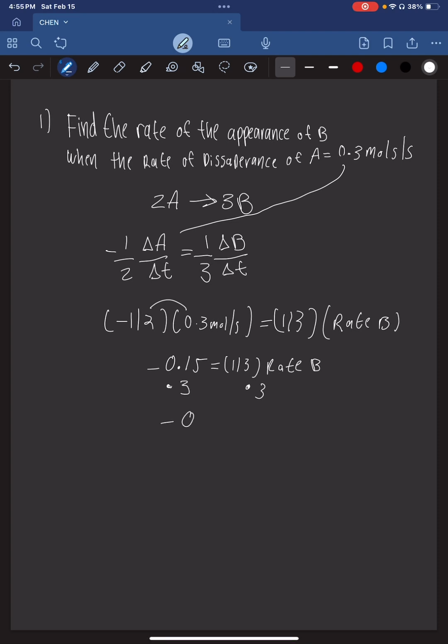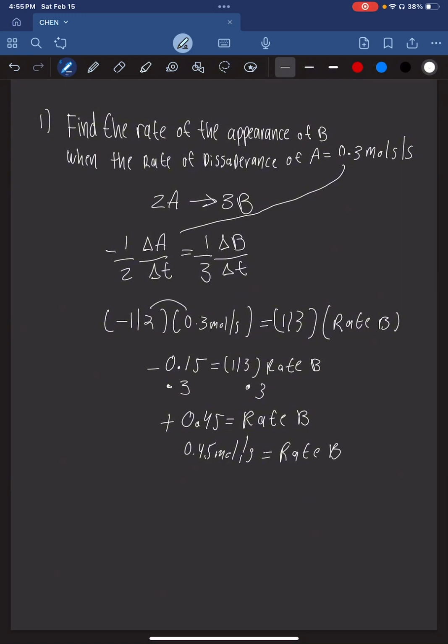And we have negative 0.45 is equal to the rate of B. The signs really don't matter, because we know that B in this case is a product, so it's a positive number. So 0.45 moles per second is equal to the rate of B.